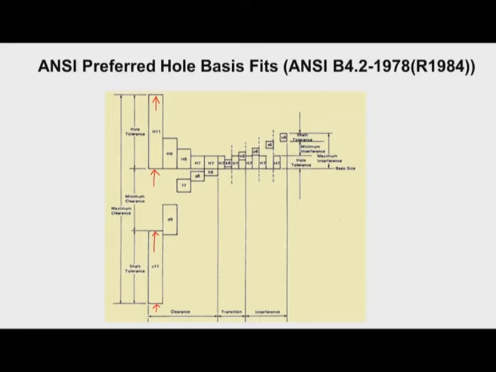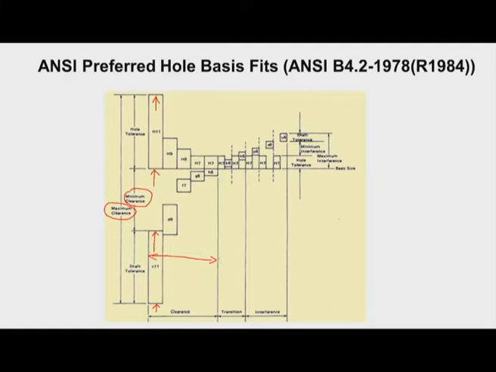So now the difference between the minimum size of the hole and the maximum size of the shaft will give us the minimum clearance, and similarly the difference between the maximum hole and the minimum shaft will give us the maximum clearance here. Now for capital H7 and lowercase h6, we can see that the clearance is 0, and C11, D9, F7, these combinations will give us the clearance fit.